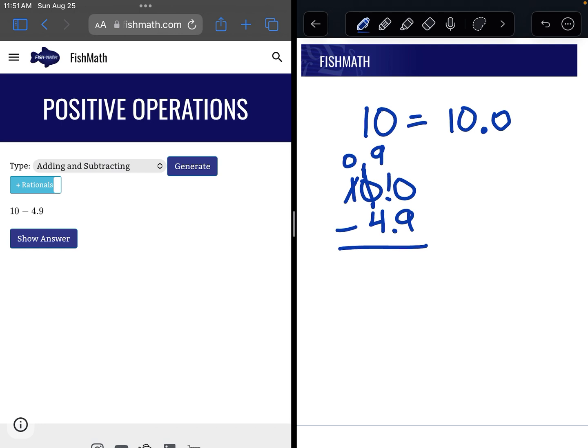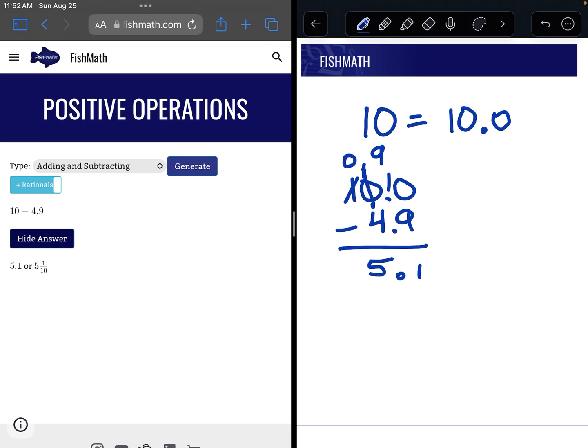So 10 minus 9 is 1, 9 minus 4 is 5, and we're going to just slide that decimal down, so our answer is 5.1. 100 minus 49 would be 51, so 10 minus 4.9 makes sense to be 5.1, or we can call that 5 1/10, because 1 is in the 10th place.